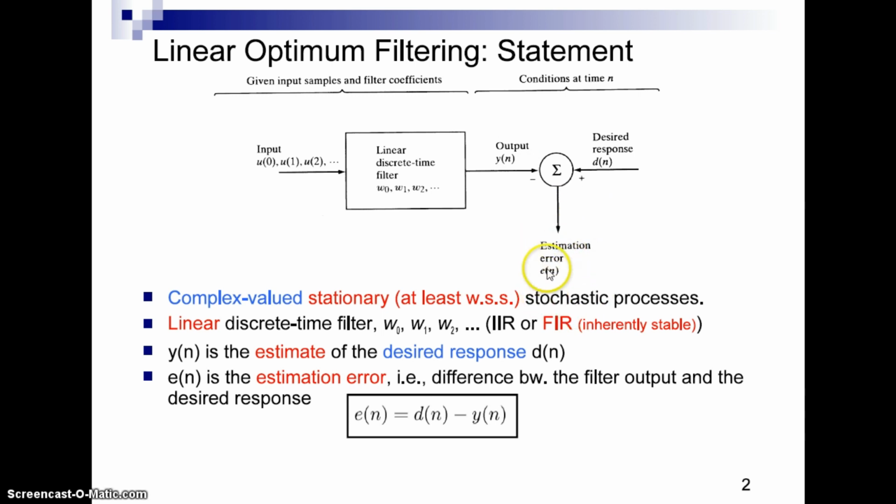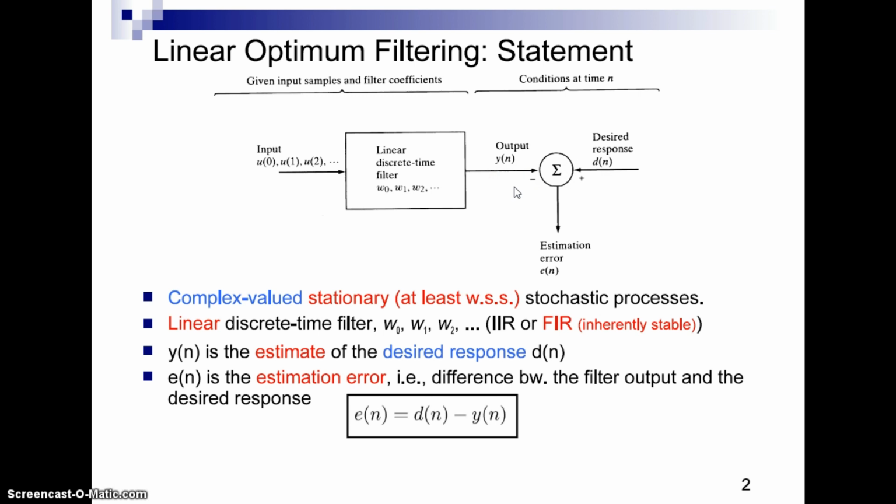Simply, we can write it as e of n equals d of n minus y of n. The difference between the filter output and the desired response is the error.